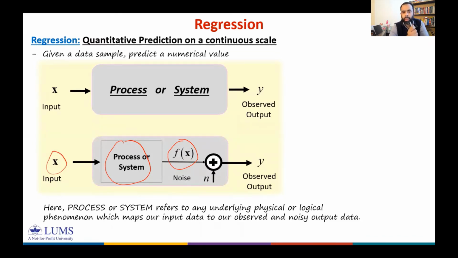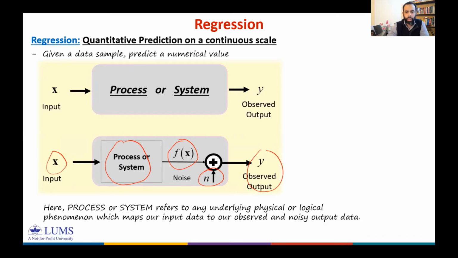But we don't have access to this f of x. Instead, this f of x is contaminated by some noise n, right? And this noise, for now, we assume is additive in nature. So what you're getting here, y is f of x plus n. So for input, we cannot observe f of x, but we can observe y.